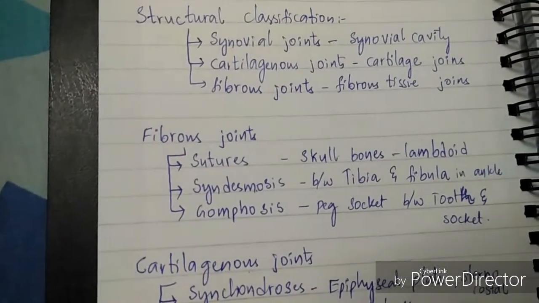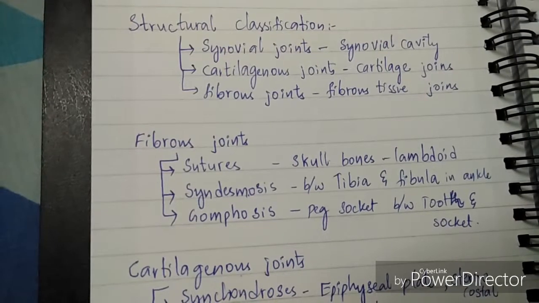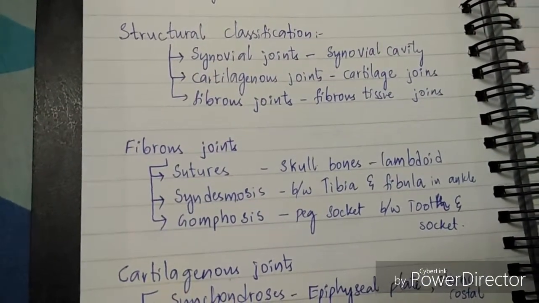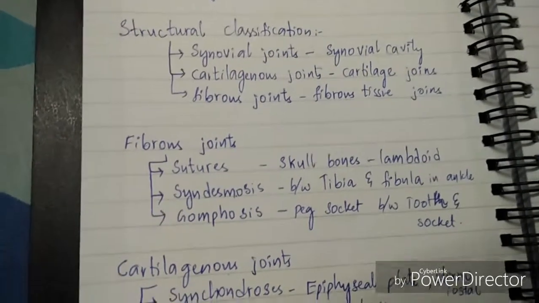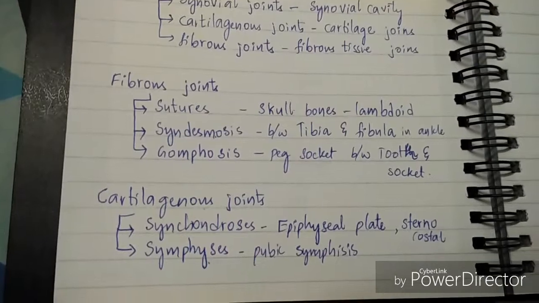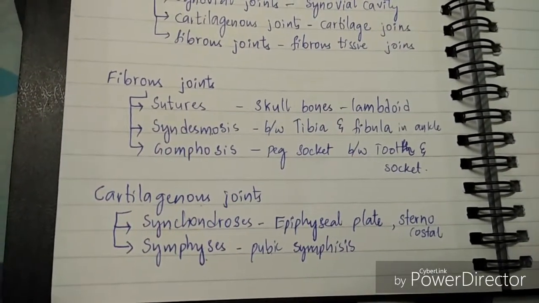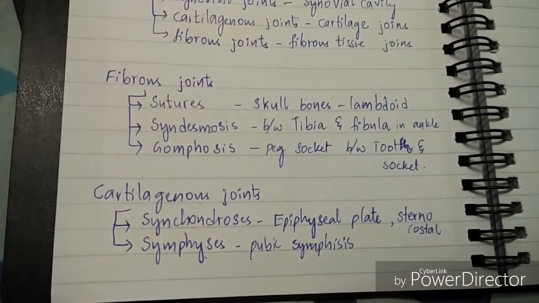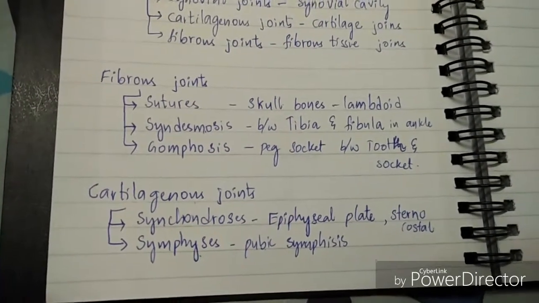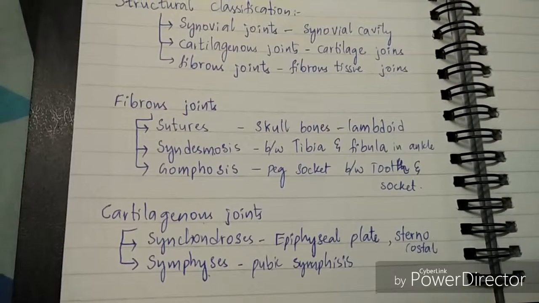Sutures are synarthrosis, they are immobile. Syndesmosis, amphiarthrosis, slightly mobile. Gomphosis, immobile, synarthrosis. Cartilaginous joints: synchondrosis and symphysis. Synchondrosis, immobile, so synarthrosis. Symphysis, slightly mobile, so amphiarthrosis.